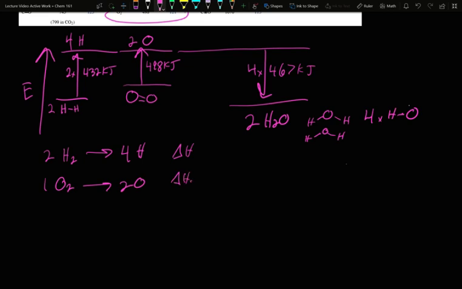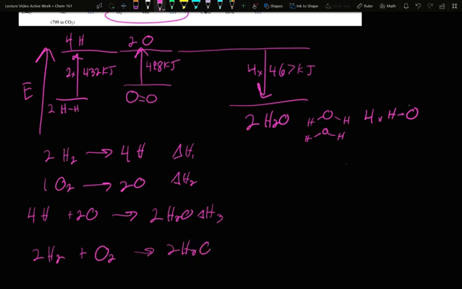There's a delta H. And 4 H atoms plus 2 O atoms become 2 H2O. There's a delta H. Rearrange this, effectively we've said H2, 2 of them, plus O2 goes to 2 H2O.